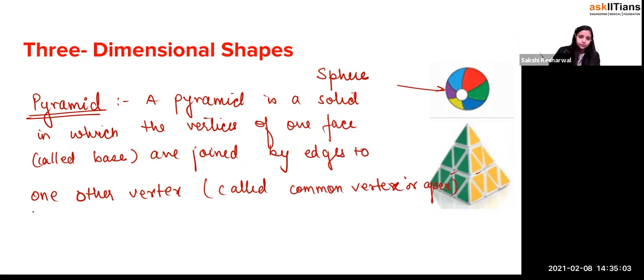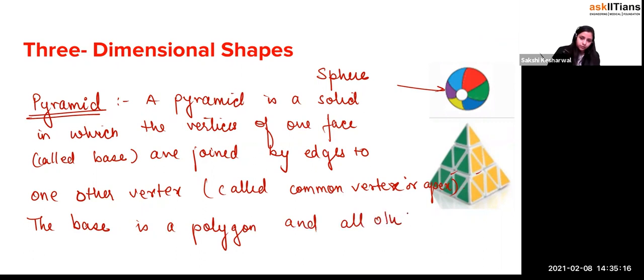Full stop. The base is a polygon and all other faces are triangular.